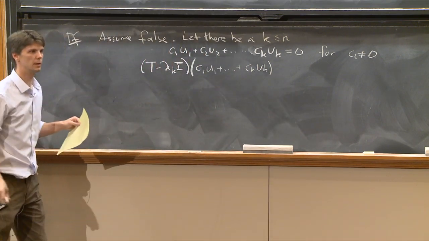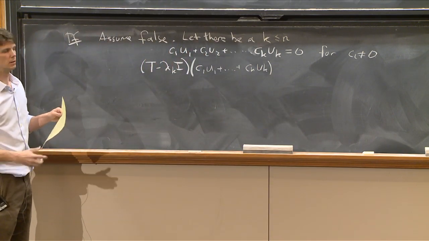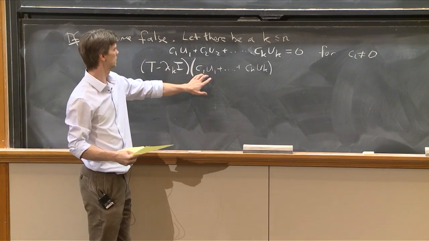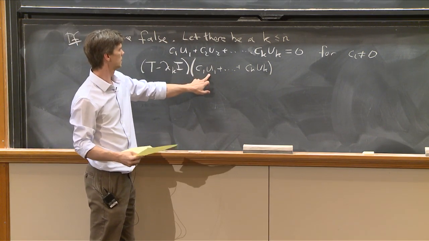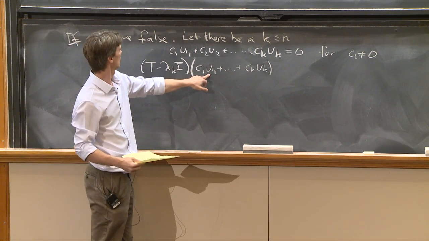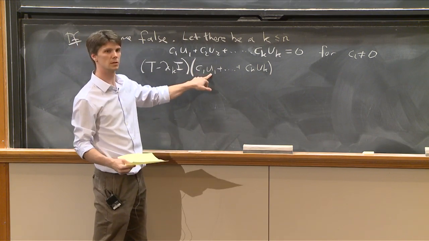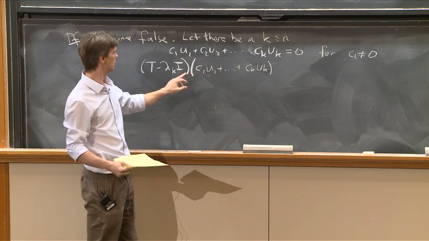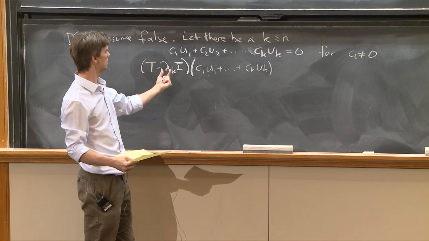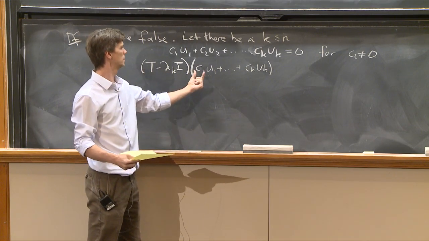Okay, and what do we get here? If we act on this piece of it, this is an eigenvector, so T acting on this one will just give us lambda 1. And so we're going to get products of lambda 1 minus lambda k for this piece.